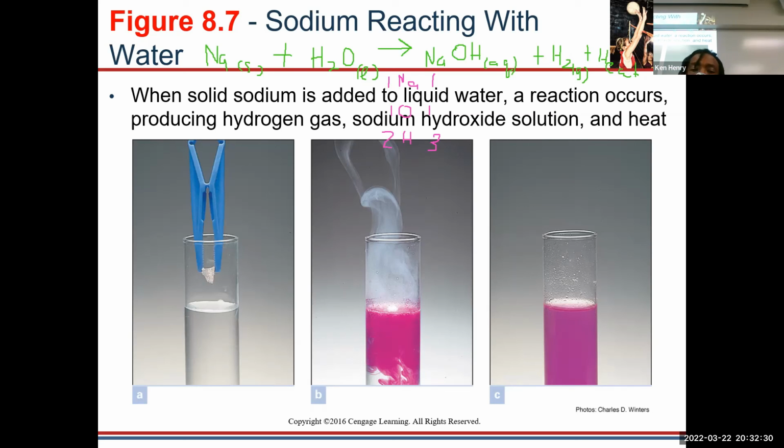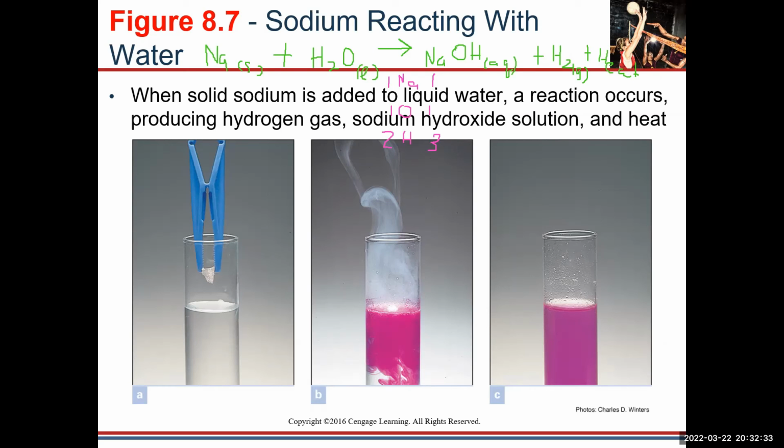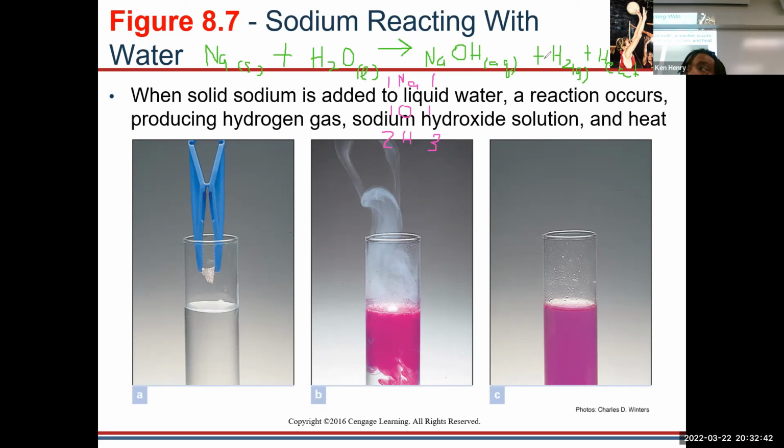Okay, so what do I need to do? Multiply the hydrogen on the product side by 2. Are you guys sure? Because right now this has 2, this guy has 1. So you're saying put a 2 in front of the sodium hydroxide? Okay.